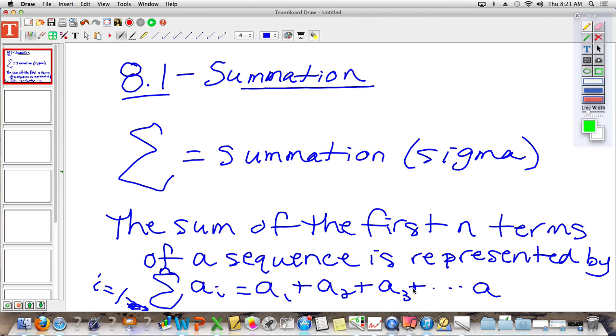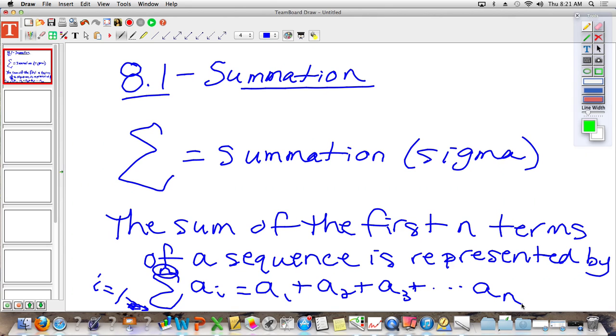The top of this thing, right here, tells you how many terms to add together. So if there's n terms, you have to add together the first n terms. So this last a is going to be an a sub n. This symbol means that you take whatever rule you have and you add together the first however many terms it asks you to add together.